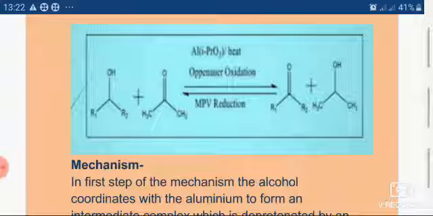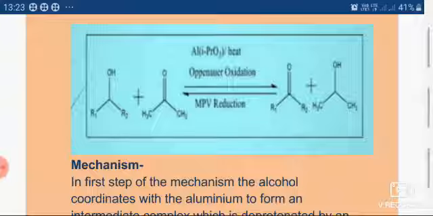In this reaction, the product of Oppenauer oxidation reaction is reduced back to alcohol. So this is exactly the reverse of the Oppenauer oxidation. It is the general reaction that is shown here on the screen.